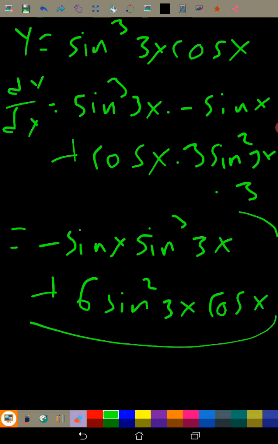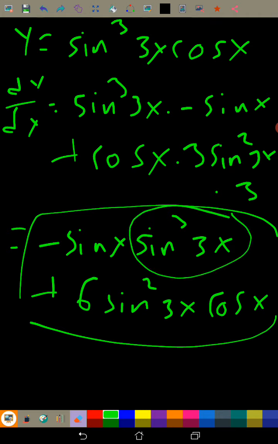So this is something that we might have here. Since we have sine 3x, we can put it outside. That's what they said.